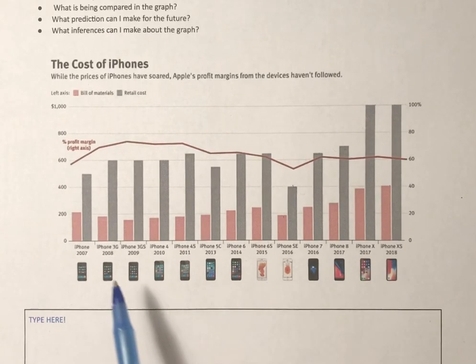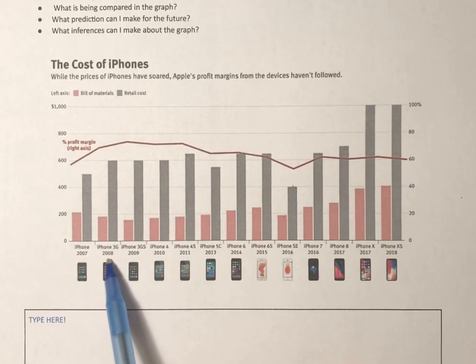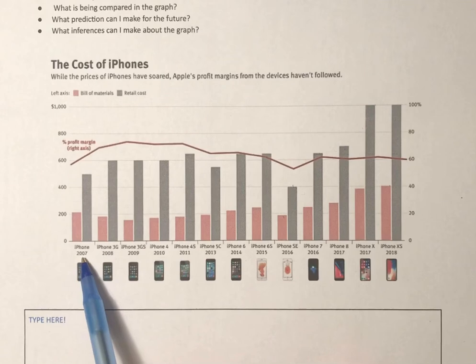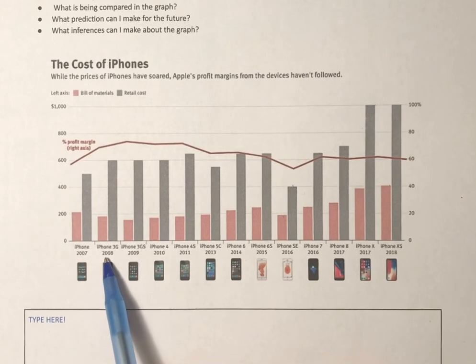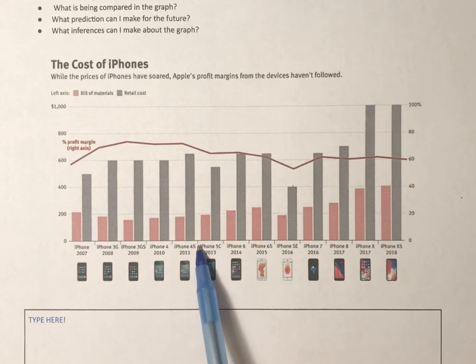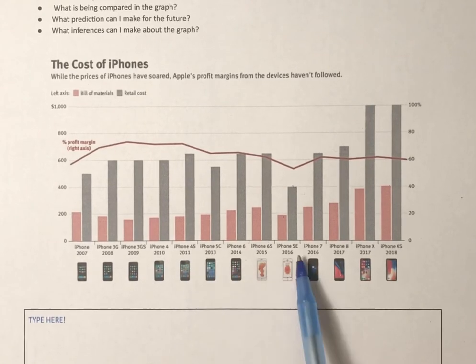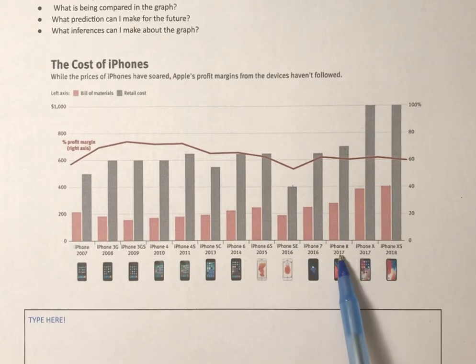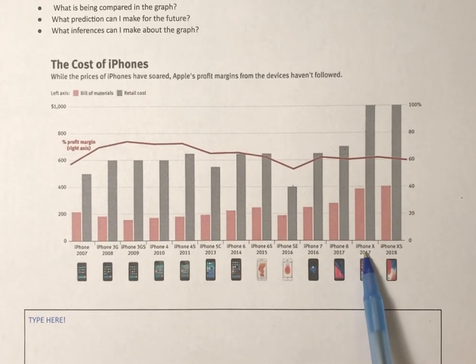So at first glance, you might be tempted to say, oh, 2007, 2008, 2009, and that's certainly true, but there's a year missing here, and over here there are two phones in the same year, two different phones in the same year.